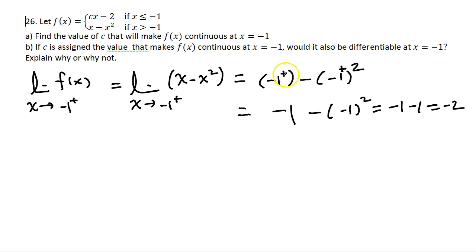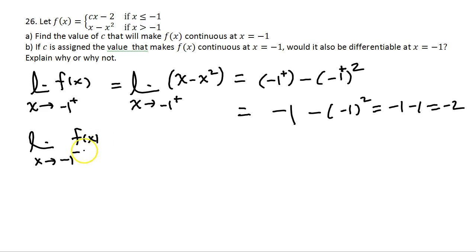What is -1 plus? It's like a number that's like -0.9999. It's just a tiny bit bigger than -1. That's what it means. Alright, so that's the limit. Now, what's the limit as x goes to -1 minus?